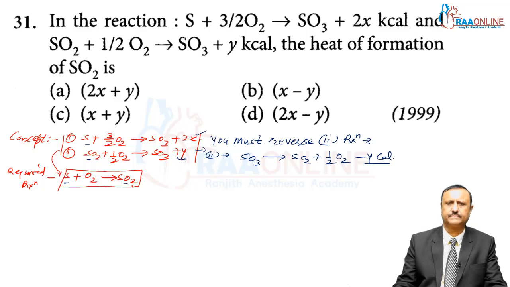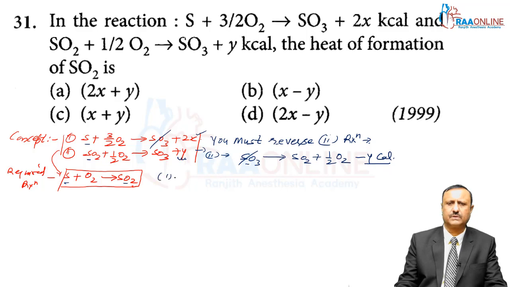Now, we can add both reactions 1 and 2, after reversing this section. You can see SO3 is present on the reactant side and here SO3 is present on the product side. So, both are cancelled.